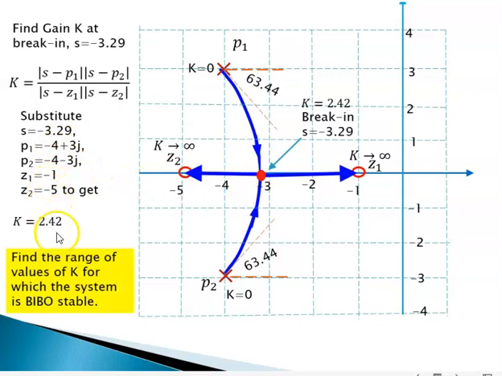You find K is equal to 2.42. You indicate that here, and the root locus plot is complete. We see that whatever the value of K, even if you increase K unboundedly, the roots are always stable because they are not migrating anywhere.